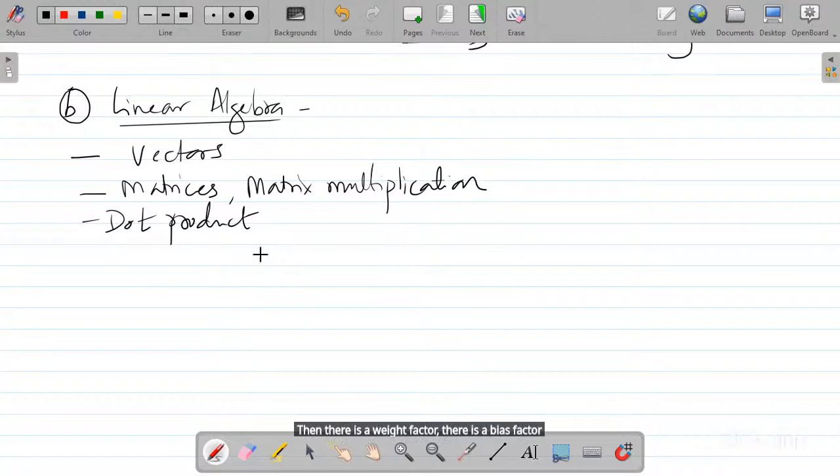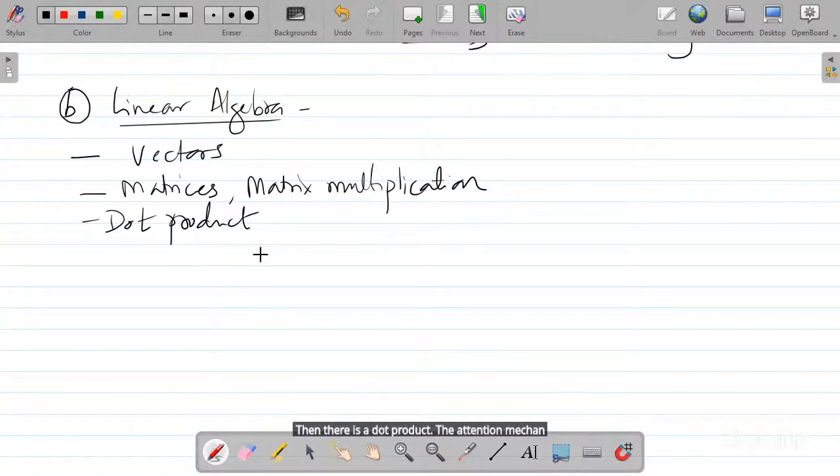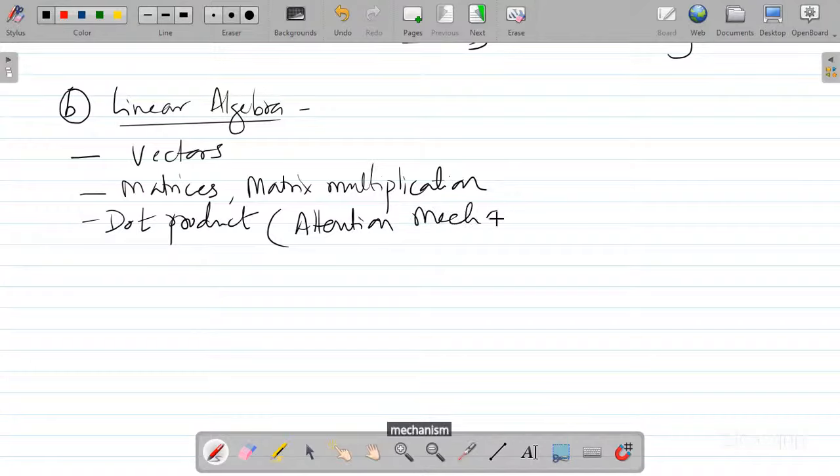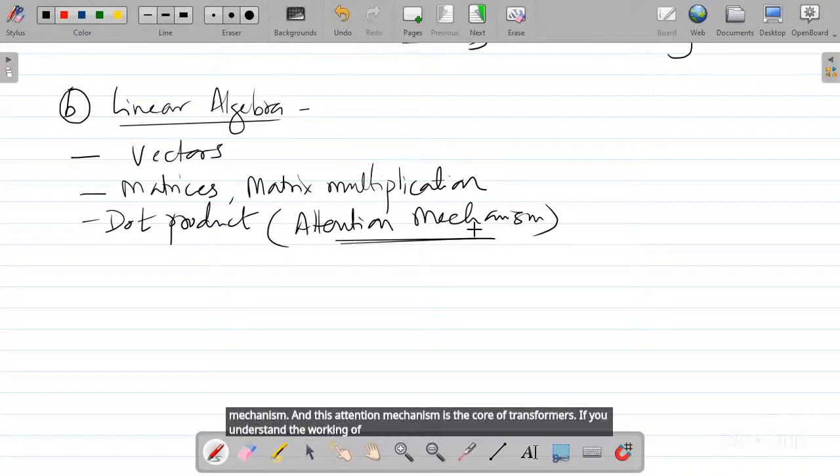All this is basically working on the concept of matrix multiplication. Then there is the attention mechanism, a very important term, and it is the core of transformers. If you understand the working of transformers, you will understand the heart of these models, which is very important.